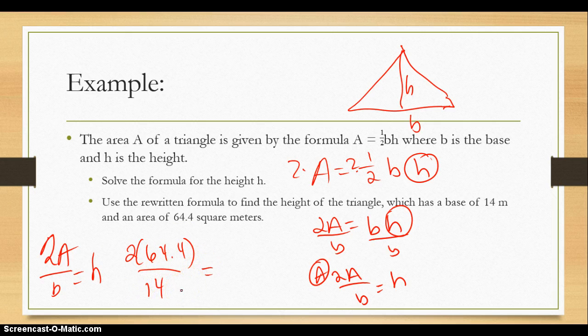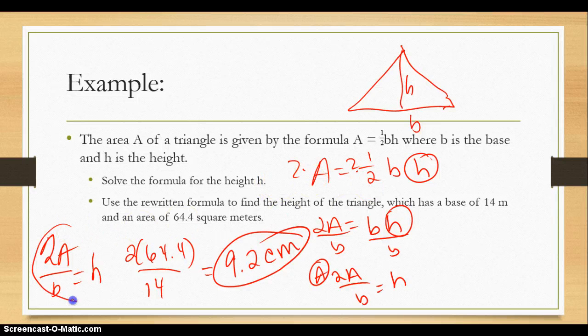When you plug this into your calculator, you get 9.2. So the height of this triangle is 9.2. Our literal equation is what we have right here, and then we plug in the information we get from part B to solve our problem.